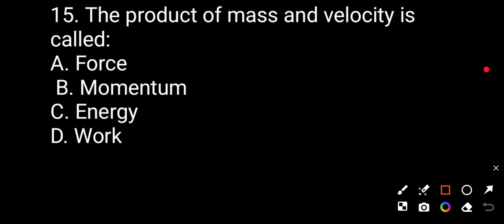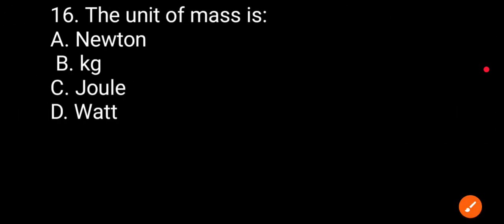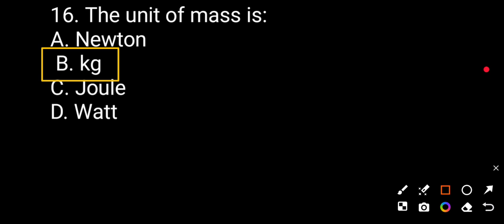Correct answer will be B, momentum. Question 16. The unit of mass is option A, Newton; option B, kg; option C, joule; option D, watt. Option B, kg.